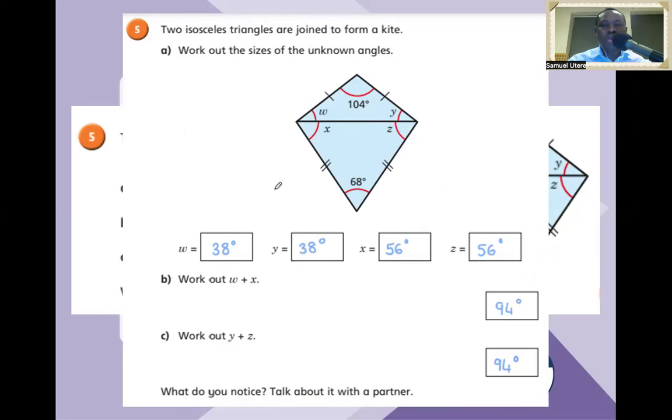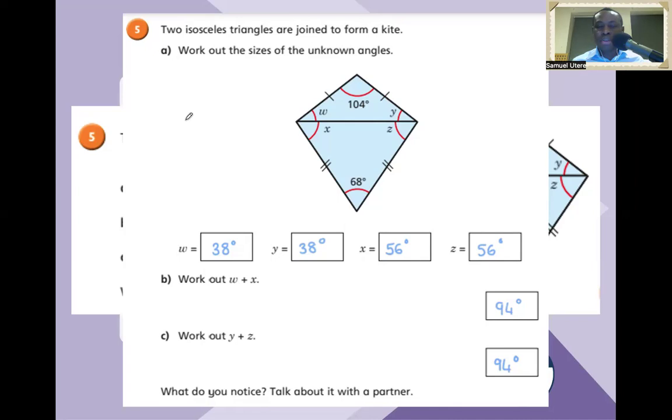Well, if you consider that this is an isosceles triangle that has been put together, we know that the sum of the angles in a triangle is 180 degrees. So we know that the angle that should be left will be 180 minus 104, and we need to split what is left, which is 76.